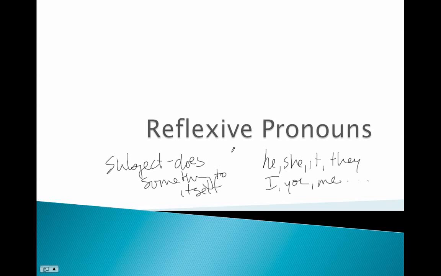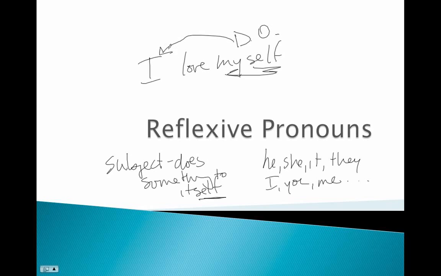So in English, we're going to use this self, right? So I love myself. Where this self is not intensifying this my, rather it's saying this my is the direct object, and it's the same person.